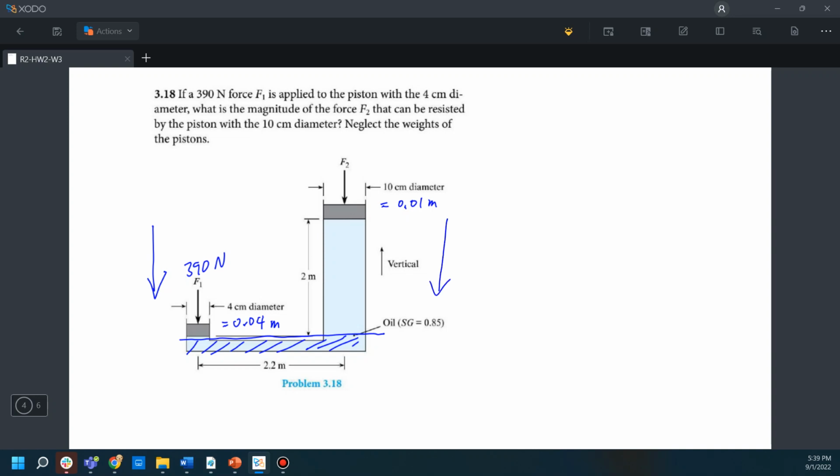So we will write the hydrostatic equations. P1 plus gamma Z1 will equal to P2 plus gamma Z2, and P1, the pressure in general, is the force over area.